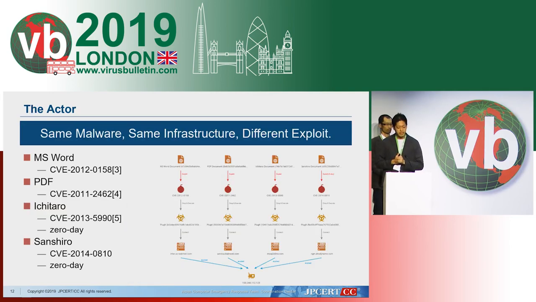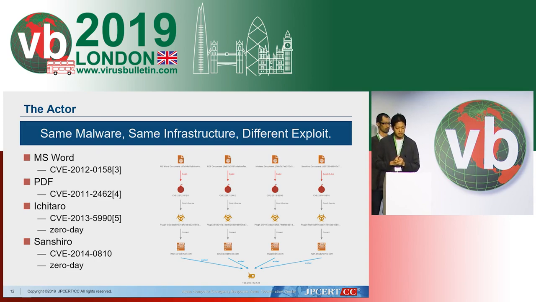The PlugX malware used in this case communicates with a specific, hard-coded C2 server. An interesting point here is that several PlugX samples were connecting to the same server, but the exploits used to execute the malware were different.